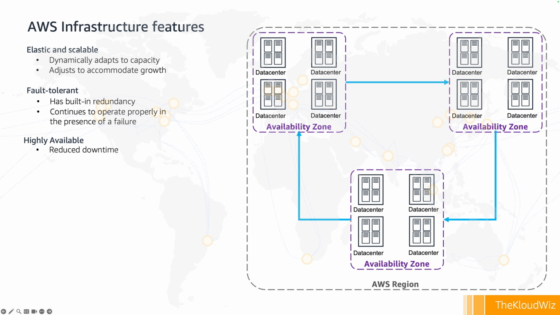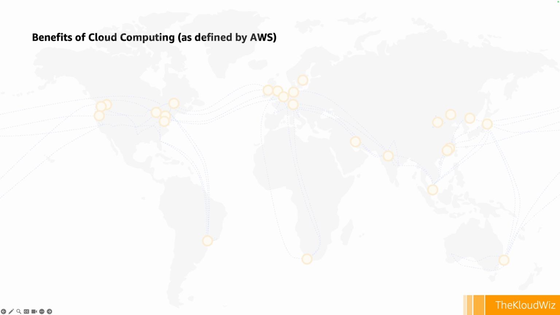So now, having learned about the global infrastructure, let's look at the benefits of cloud computing as defined by AWS. Now, even though this is similar to the general benefits of cloud computing, AWS has a few details with the benefits as far as they are concerned. So the first one is trading fixed capital expenditure for variable operational expense. What it means is that using AWS is on a pay-as-you-go basis.